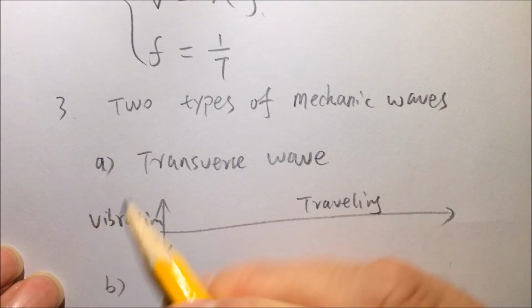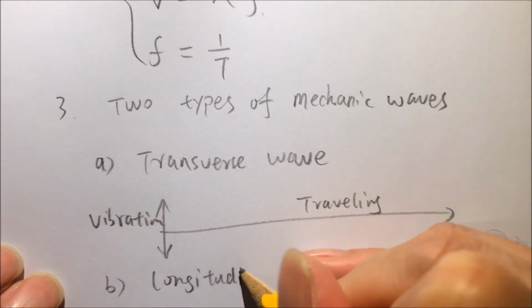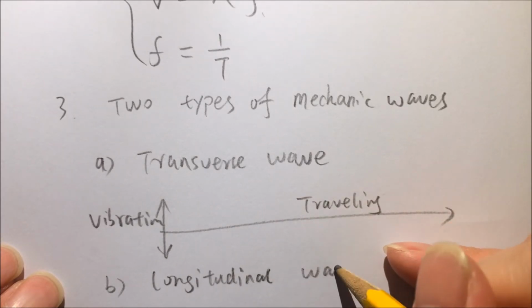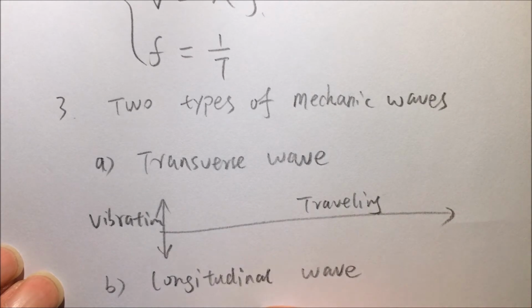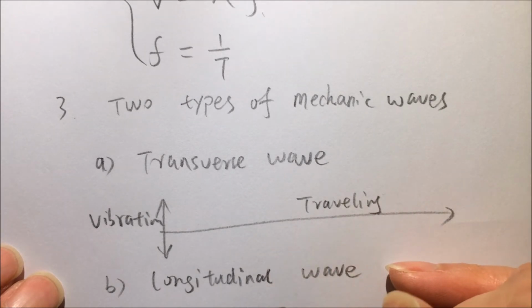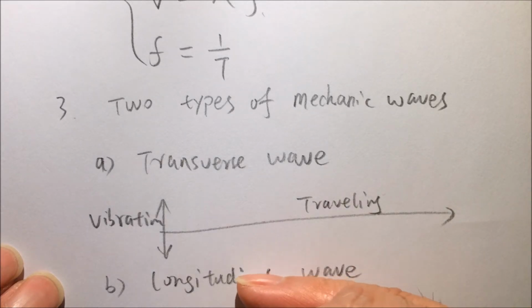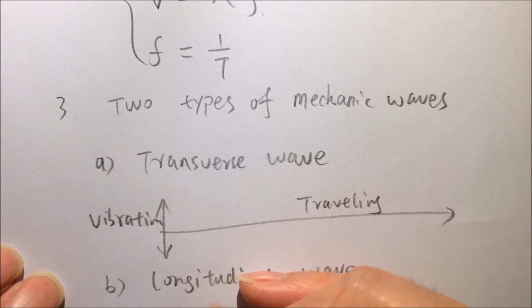And the second type is called a longitudinal wave. The wave goes this direction, and the vibration goes the same direction.